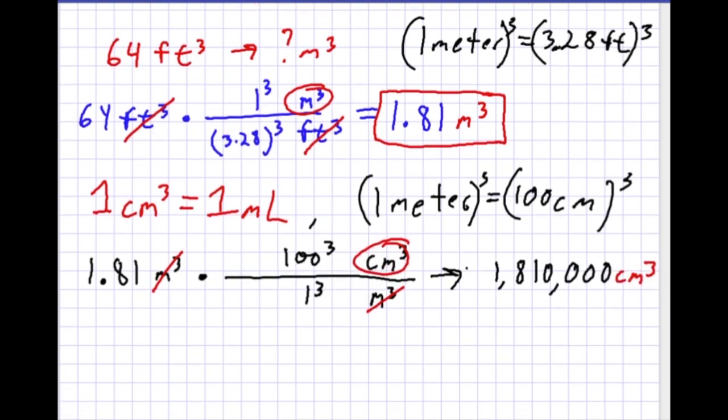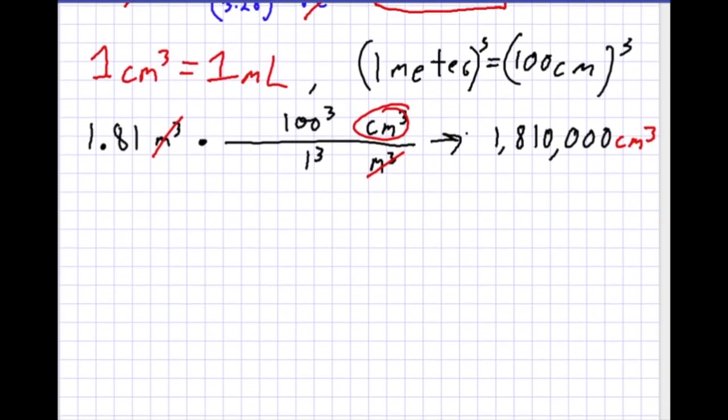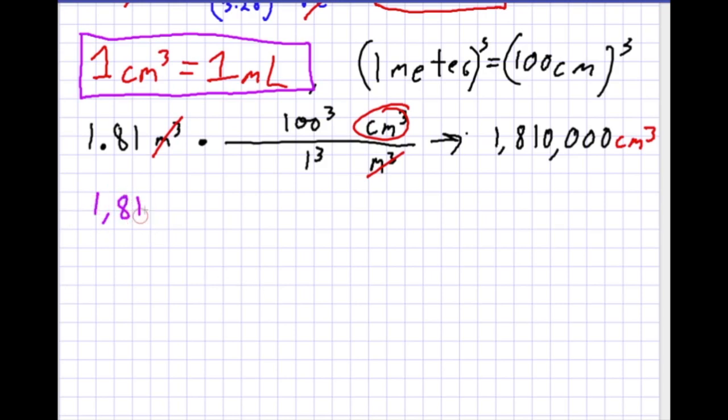Now that I have cubic centimeters, I can use the other conversion that we talked about. And this is a conversion that I will give you. I don't expect you to remember any of these conversions, so I'll give you a whole sheet with all this information. So that means 1,810,000 cubic centimeters, and I need to convert that into milliliters.